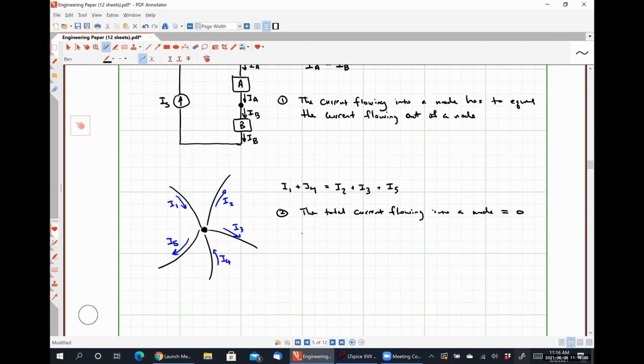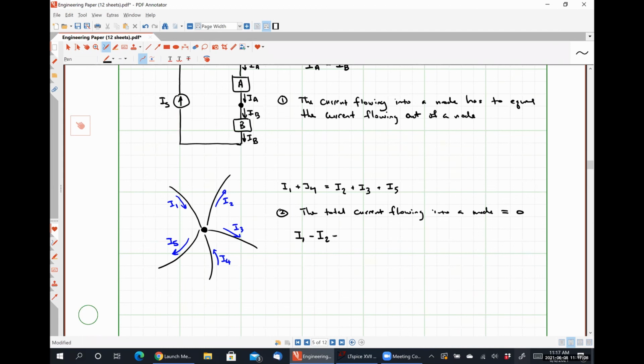So the current I1, we can easily see is flowing into the node, right? Now the current I2 appears to be flowing out, which is the same as saying that negative I2 is flowing in.